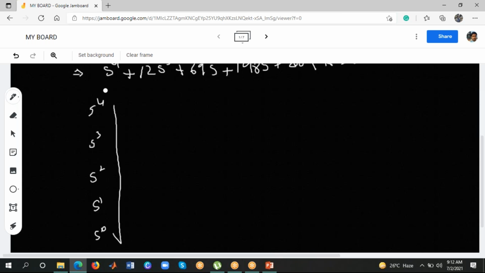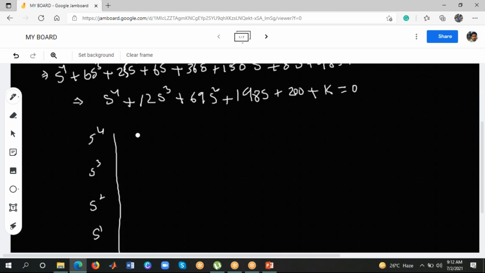The highest order is an even term, so the first row should be constructed with the even coefficients and the second row with the odd coefficients. The even coefficients are 1, 69 and 200 plus K, which is a constant. This is the first row. Next, in the second row you will get 12, 198 and 0.